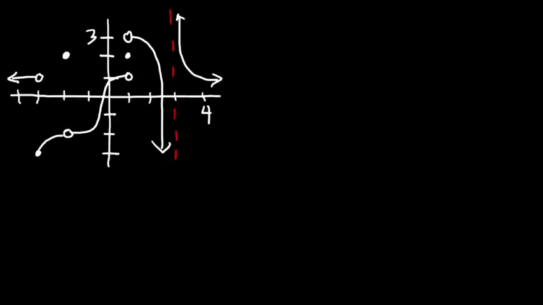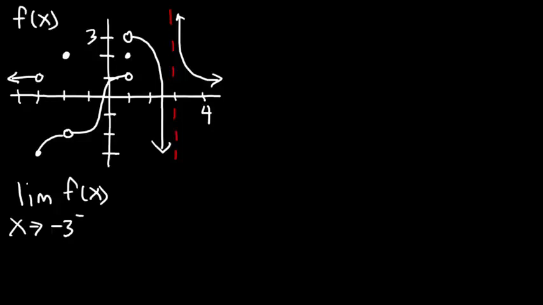Now let's talk about how to evaluate limits graphically. Let's say we want to calculate the limit as x approaches negative 3 from the left side, and let's say this graph represents the function f of x. So what can we do? To evaluate the limit, you're looking for the y value.